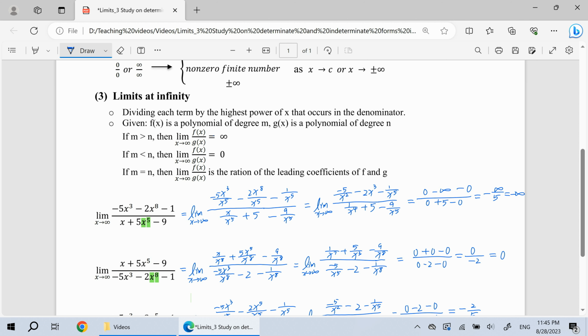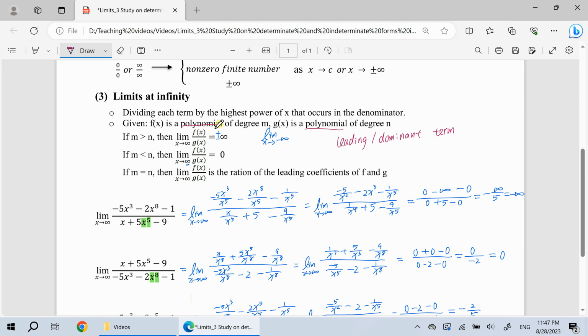The limit goes to positive or negative infinity as x approaches negative infinity. Same here too. If m is less than n, then the limit is a solid 0. If the denominator and numerator have the same degree, then it's just a fixed number.